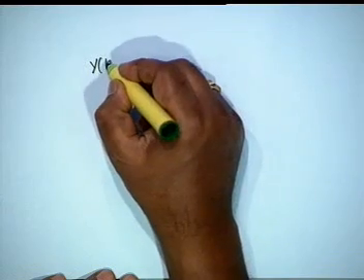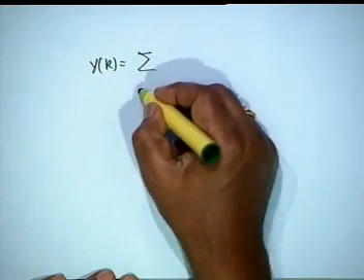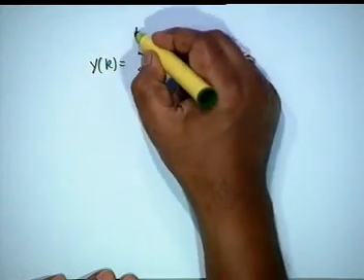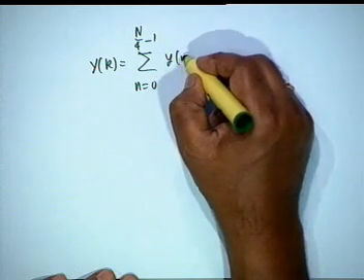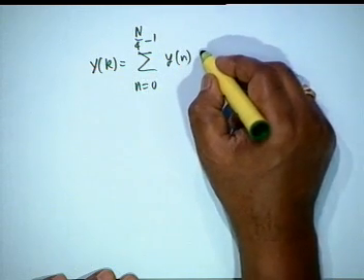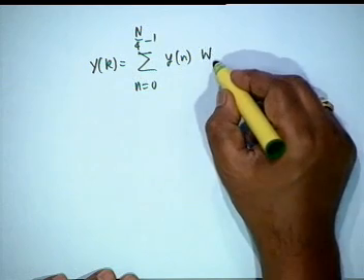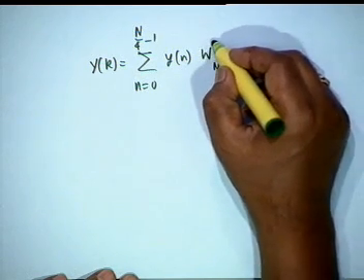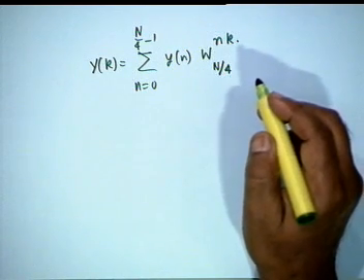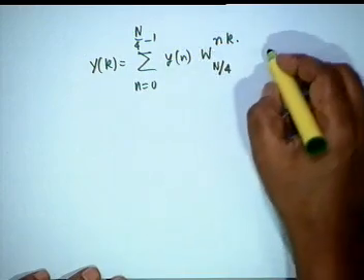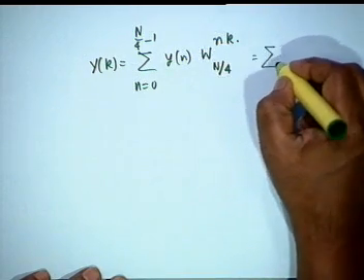Okay. So my Y k by definition is the summation over n equal to 0 to capital N by 4 minus 1 of y n W of N by 4 raised to the power nk. And I substitute for y of n.